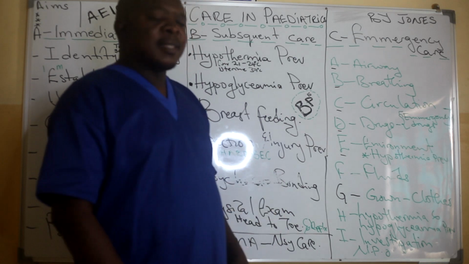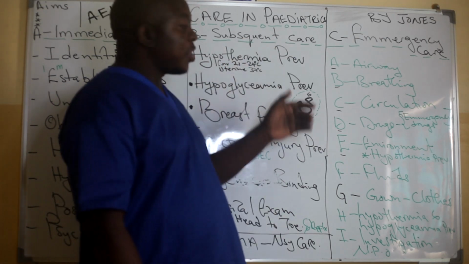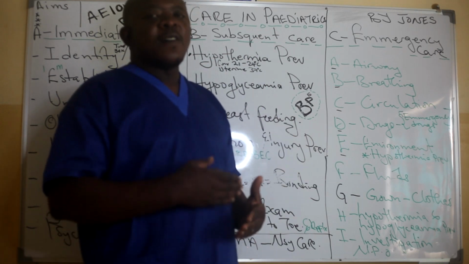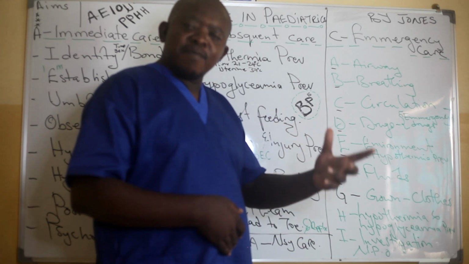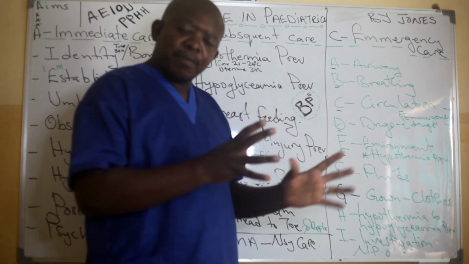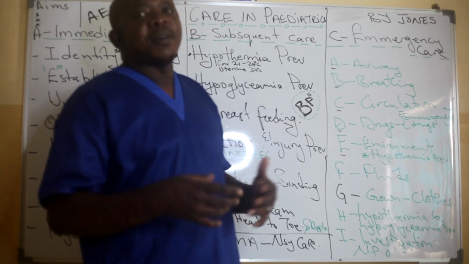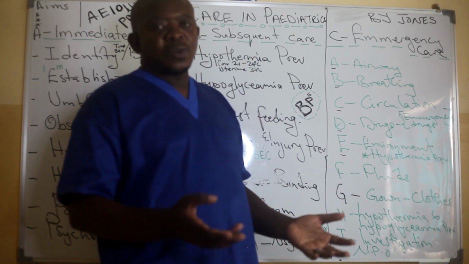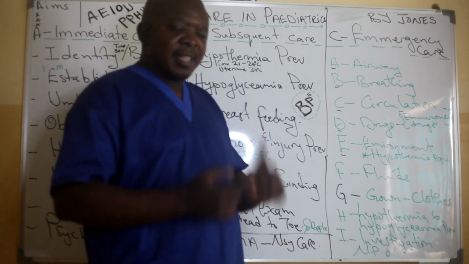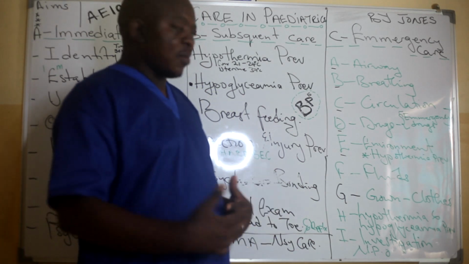But apart from that, in the subsequent care, we are looking at hypothermia prevention, the change of environmental temperature from the uterus, which is about 37 degrees according to the mother's temperature, to the environment of the delivery room, which is about 21 to 24 degrees. This rapid difference may cause the baby to lose a lot of heat.